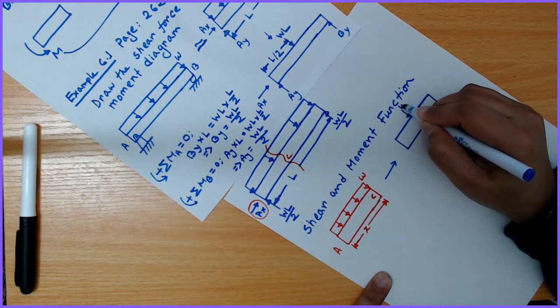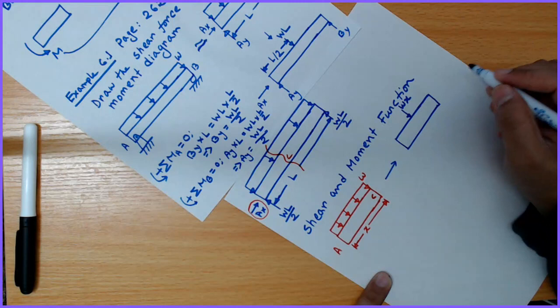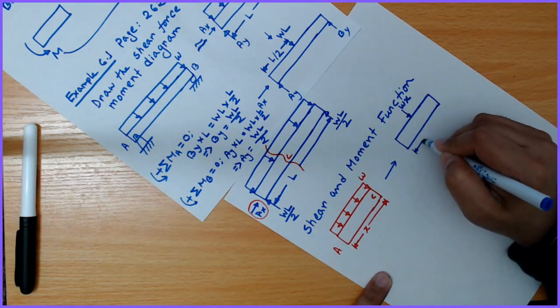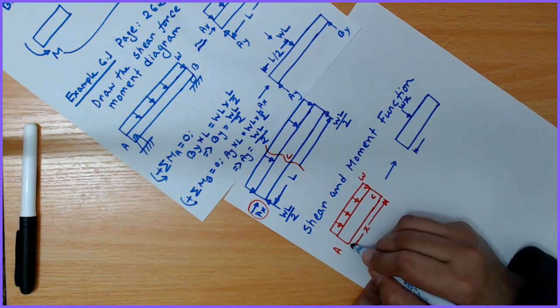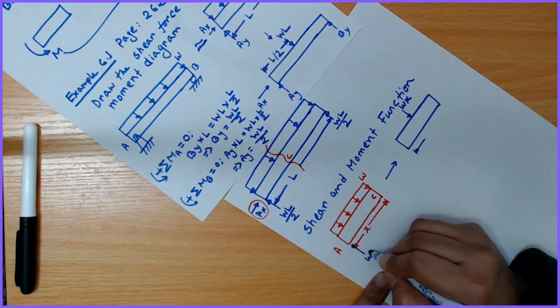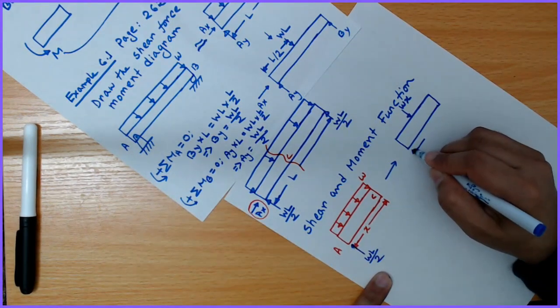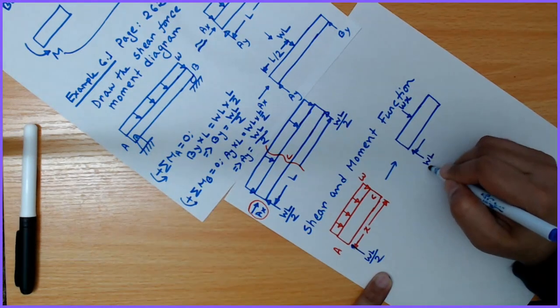This is Wx, and at this end we have a load WL by 2.